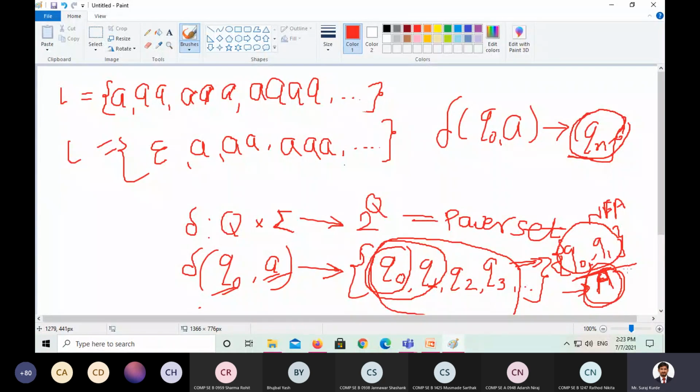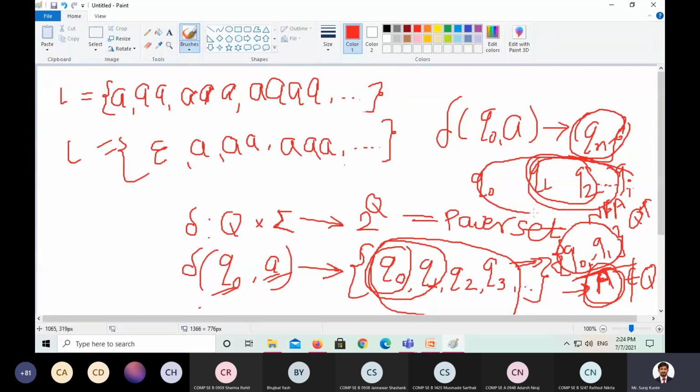Now it does not belong to capital Q. So it is a new state. What belongs to Q? Single states: Q naught, Q1, Q2, and so on, Qi. All these states belong to capital Q. But when we merge more than one state, so 2 states or 3 states or 4 states, then in that case a new state is created.